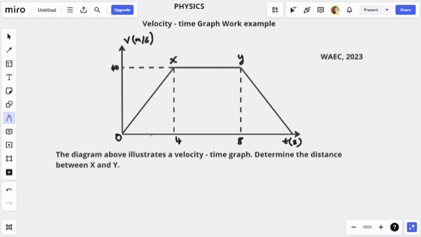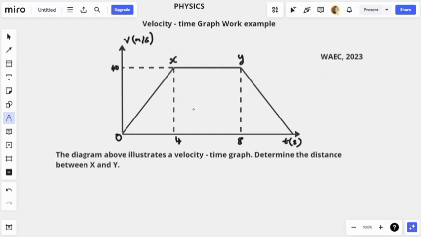So accordingly, distance covered by a body under a velocity time graph is usually represented by the area under the graph. If we were asked to find the total distance covered by the body, that would be finding the area of this shape formed here, which is a trapezium.